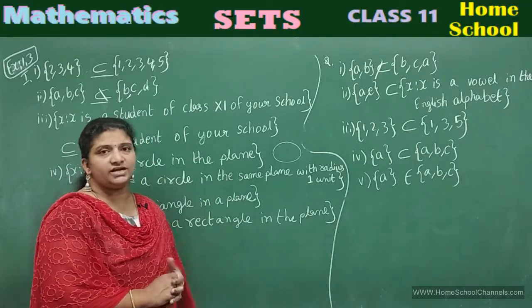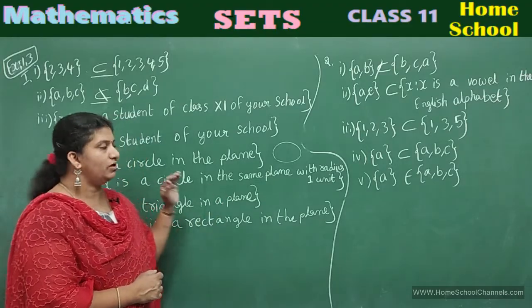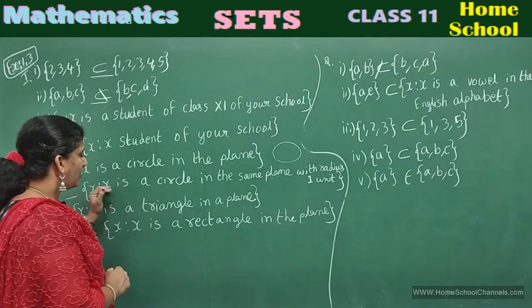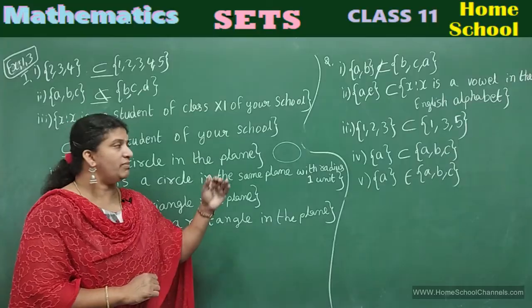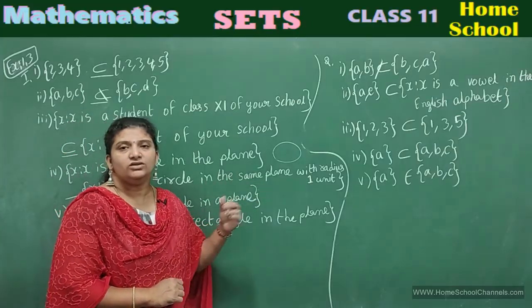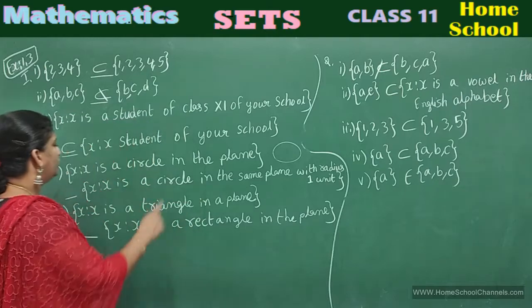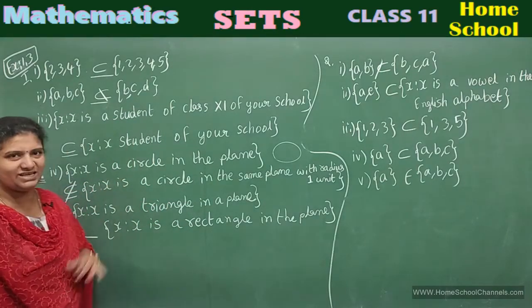But what about this radius? We don't know. We don't have clarity about this problem. First one is a circle in a plane and the second one is a circle in the same plane with radius 1 unit. Either it may be inside or outside. All those we don't know. So what we can say, therefore, this set is not a subset of this set.